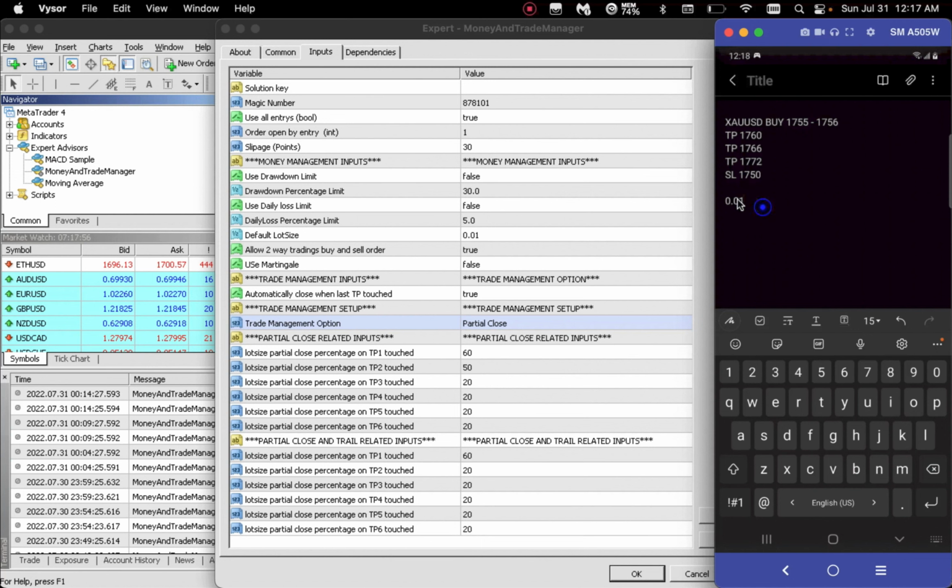For example, let's say my initial lot size is 0.05. What will happen on TP1 achievement is 60% is getting closed, so you will have a remaining 0.02 open. That's good.